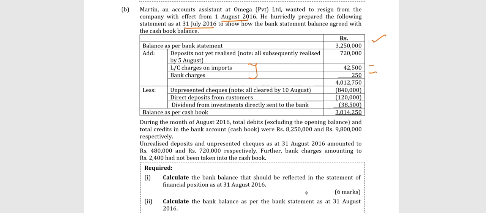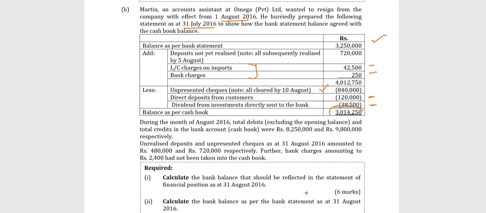Then there were some unpresented checks he has deducted, and direct deposits from customers, which are not in the cash book, so therefore he has deducted. Dividend from investments sent directly to the bank, which he has also deducted, was not in the cash book. So thereby he has arrived at the cash book balance as of 31st July 2016.